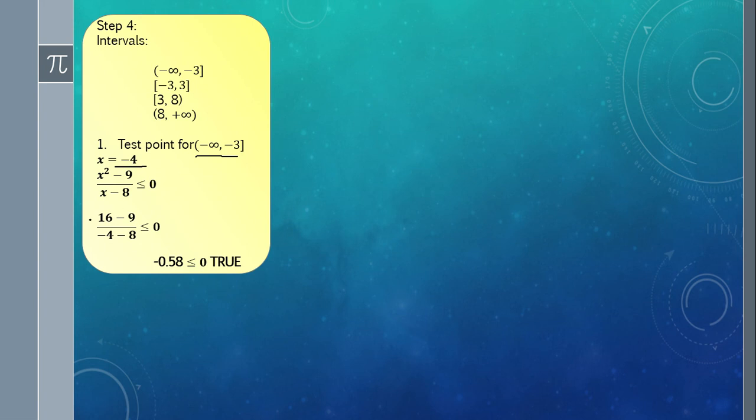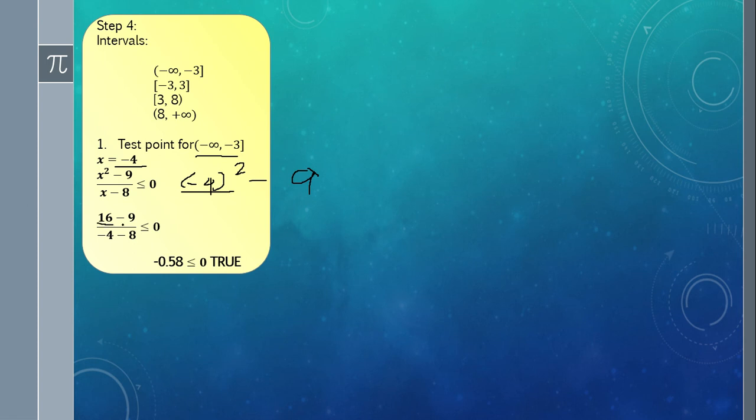You might be asking how it becomes 16. That's going to be negative 4 squared minus 9. Take note that when you square negative 4 here on our numerator, negative 4 times negative 4 is positive 16.